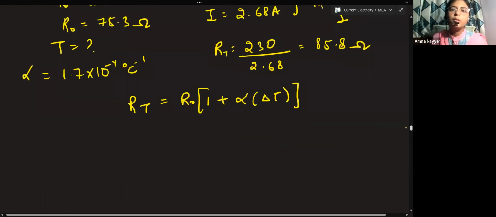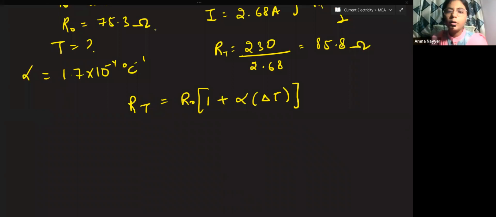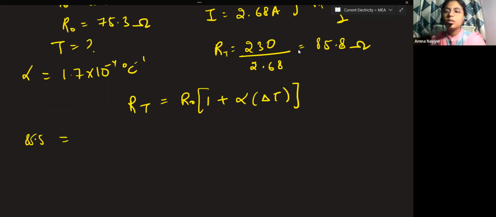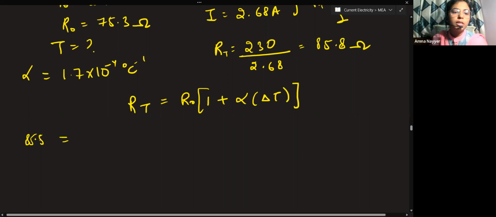RT is coming 844, Sarah? Okay, good, good. It is near to it. I'll check the answer. RT is 85.8, this is your resistance value, 85.82 ohms.